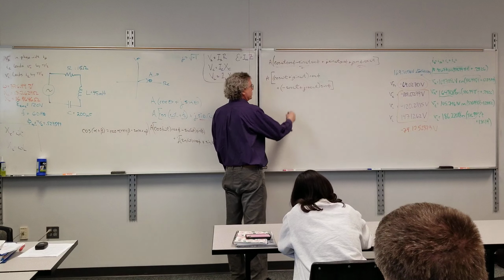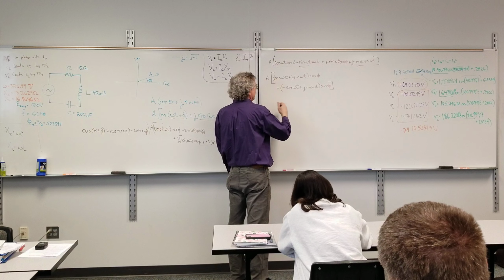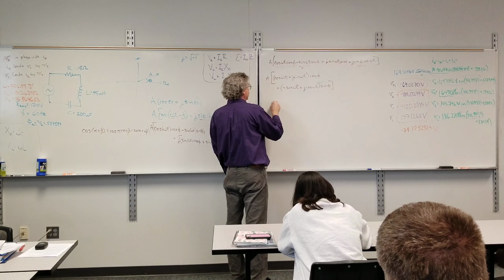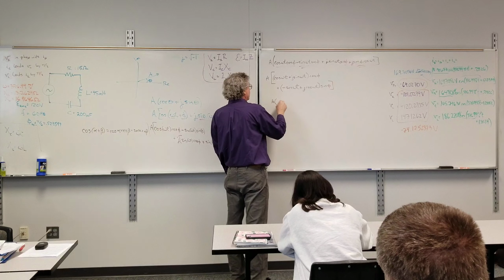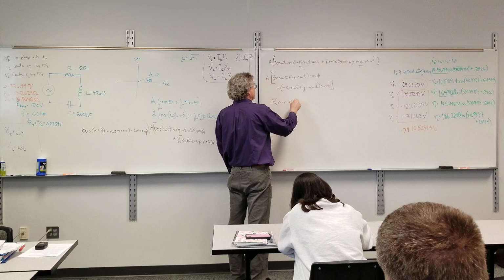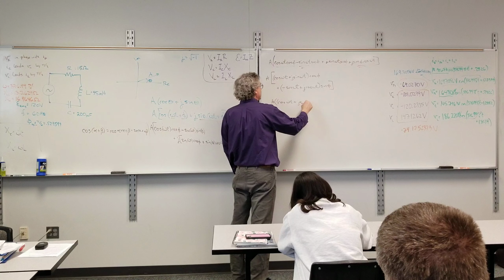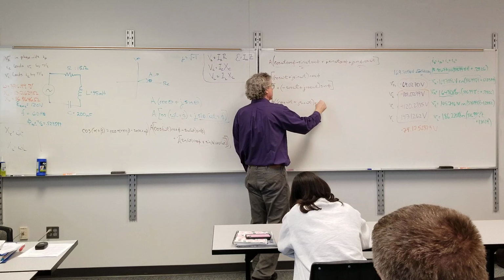So what I'm gonna do is I'm actually going to factor j out of that second term right there. So we have a cosine omega t plus j sine omega t cosine phi.